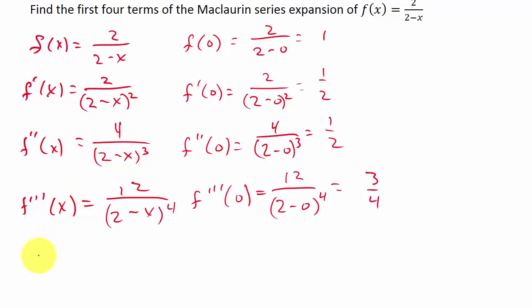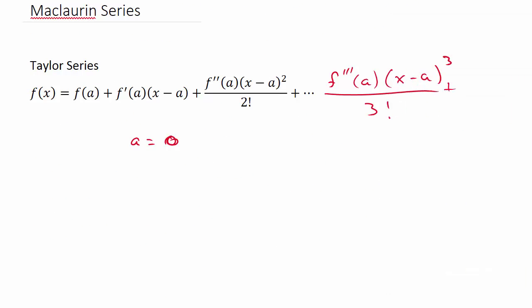So we have f of x is equal to f of a, or in this case f of 0, because that's what we're using for a. So that would be 1 plus f prime of 0, 1/2, times x minus a. Remember, for a Maclaurin series, a is 0, so x minus 0 would just give us x. Here we would get x squared, and here x cubed.